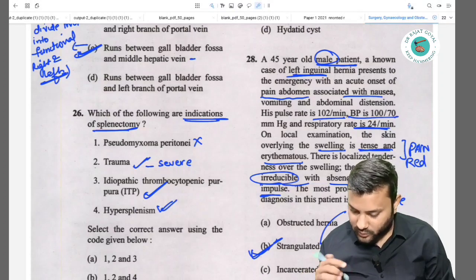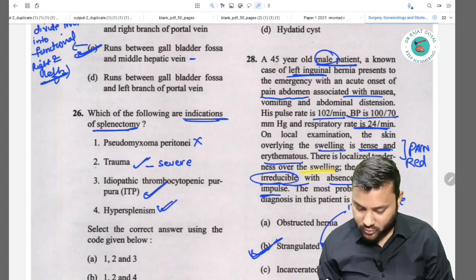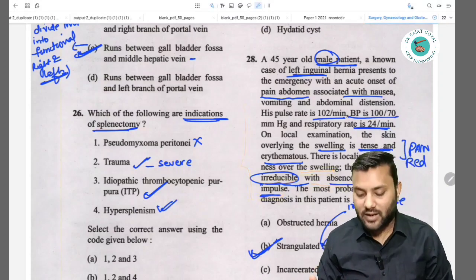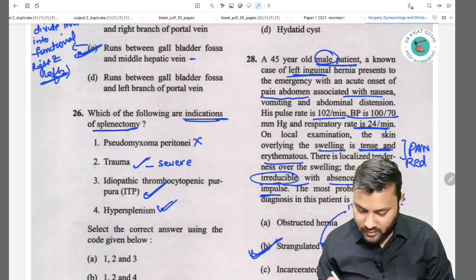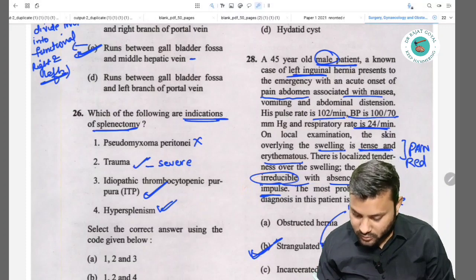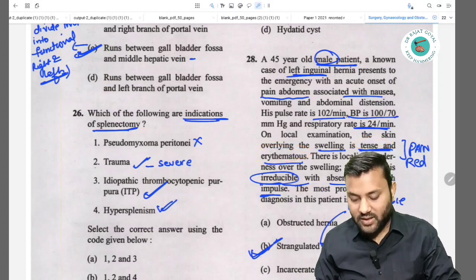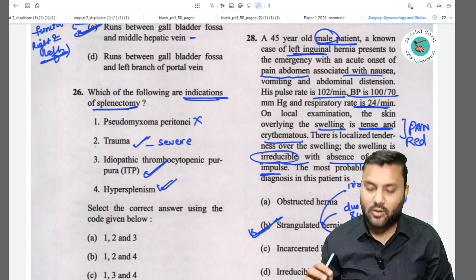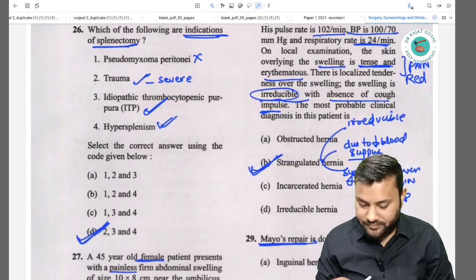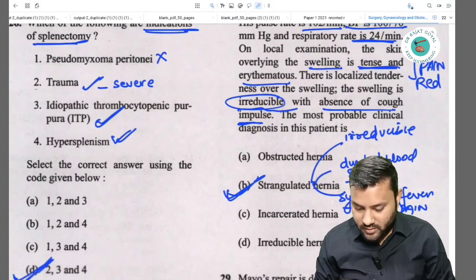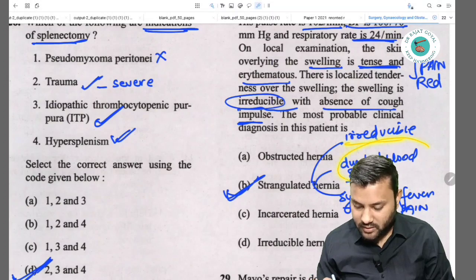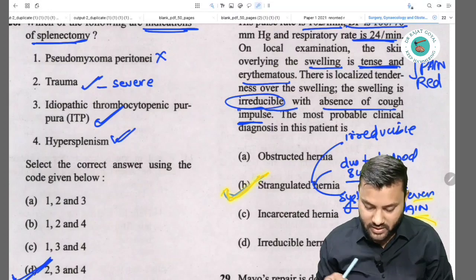There is localized tenderness over the swelling, and the swelling is irreducible with absence of cough impulse. These are all features of a strangulated hernia, which occurs as a complication of the hernia with obstruction, with decreased blood supply, fever, pain and decreased BP. So the answer will be strangulated hernia.